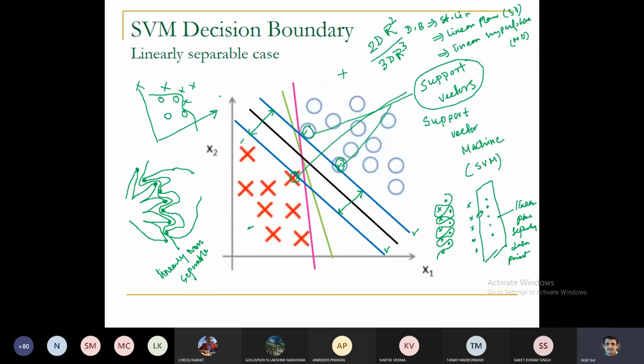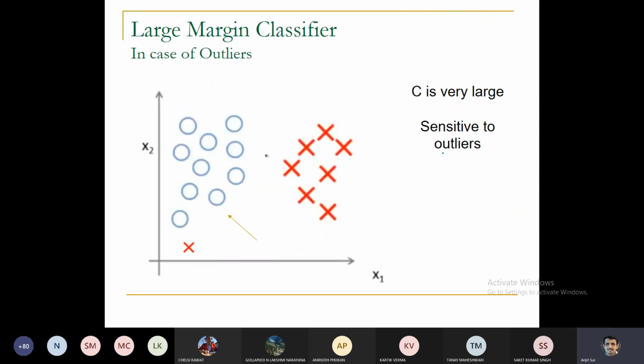Okay, so this is the idea, and it is called margin. That's what I said, this particular thing is called the margin. Now the question is that sometimes there is a problem with outliers. The method is kind of sensitive to them when C is very large.